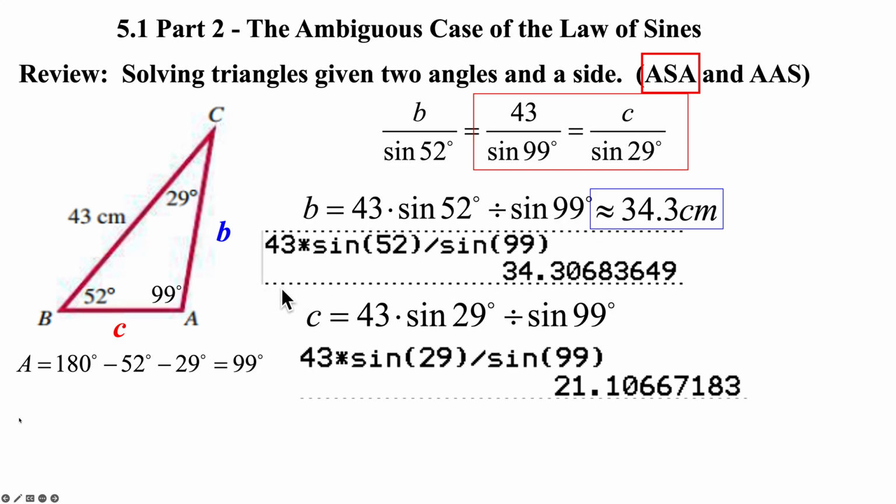Just hit second enter and this statement shows up again. Your cursor's right here. Left arrow over, change 52 to 29. You don't have to type everything in. Your cursor is sitting at the parentheses. Just hit enter. You get 21.1 centimeters. All right, remember those quick and easy steps.